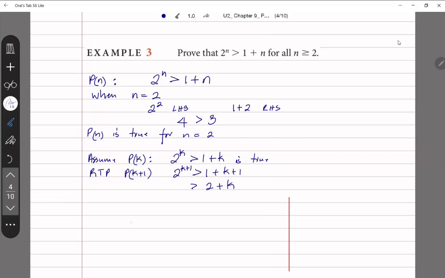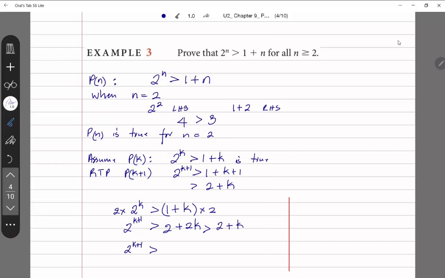So to prove that, I'm going to start out with something I assume to be true, which is that 2 to the k is greater than 1 plus k. Now, if I multiply both sides by 2, I'm going to get 2 to the k plus 1 is greater than 2 plus 2k. So this must be greater than 2 plus k.